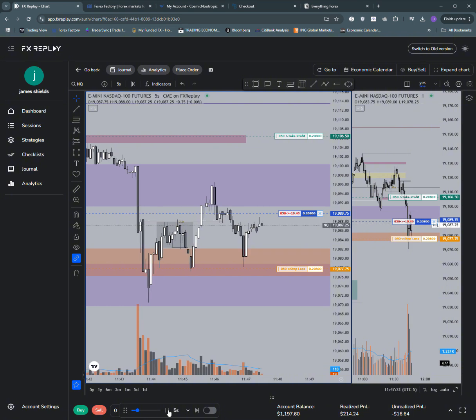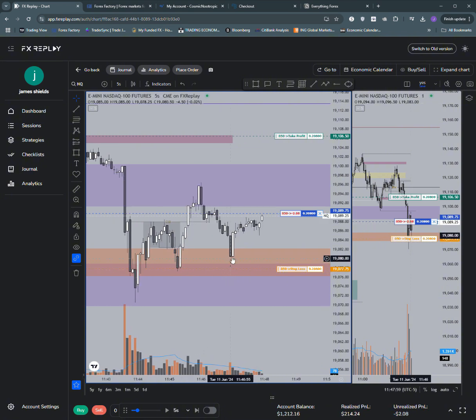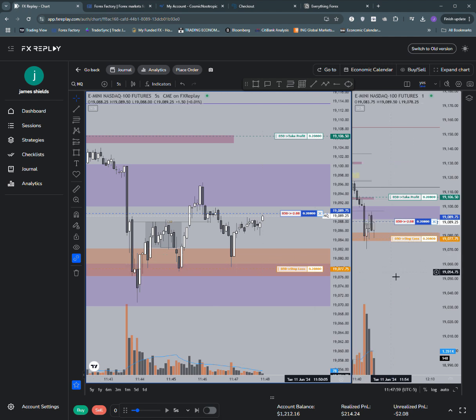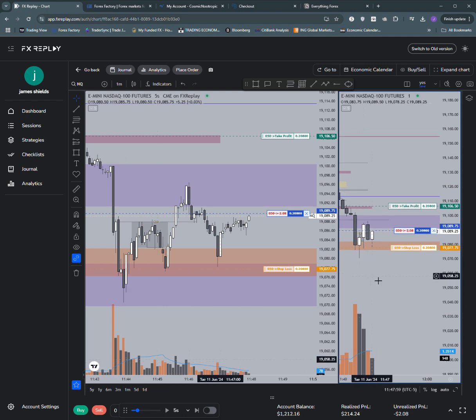We went back into the 1 hour fair value gap. We do got volume spike here. I do not like this now, this equal low thing happening here. On the 1 minute, this is what it looks like. We want to see a fair value gap on the 1 minute.